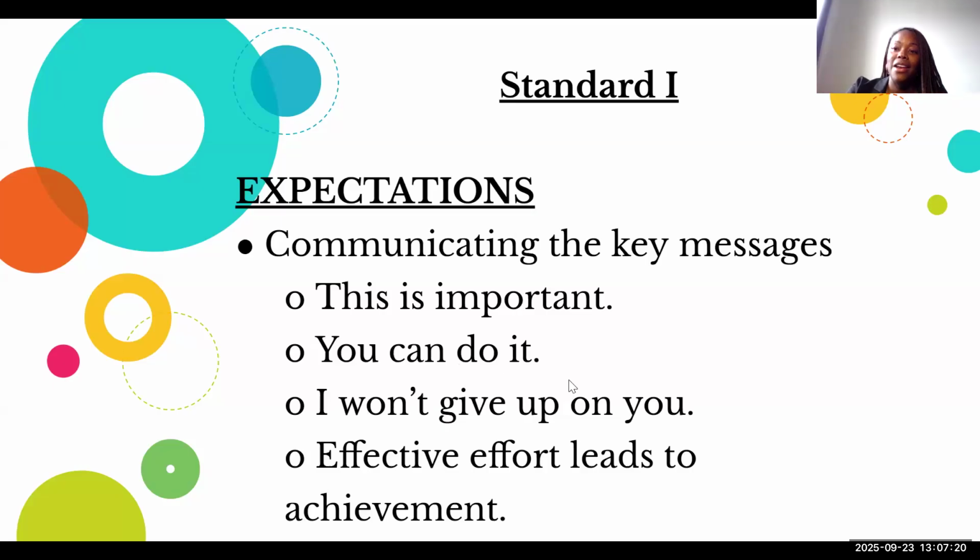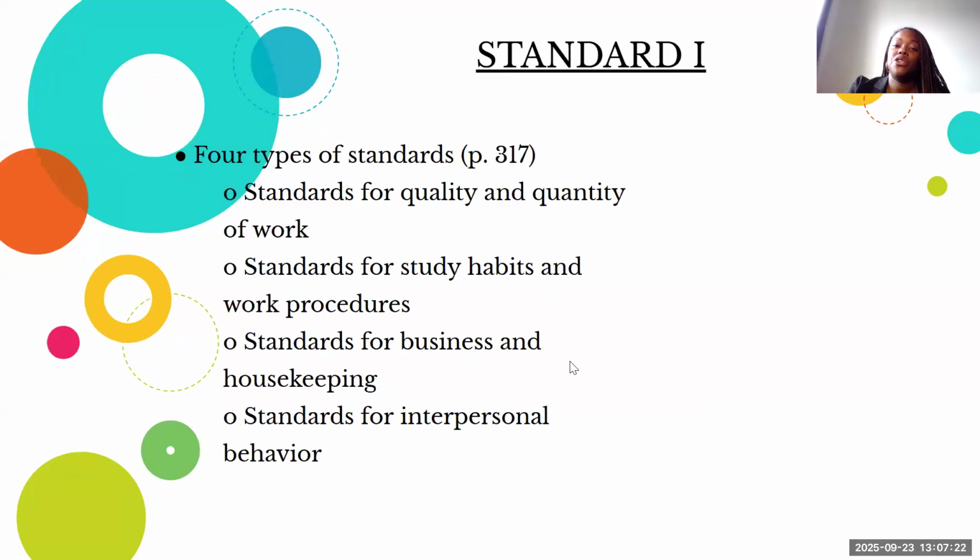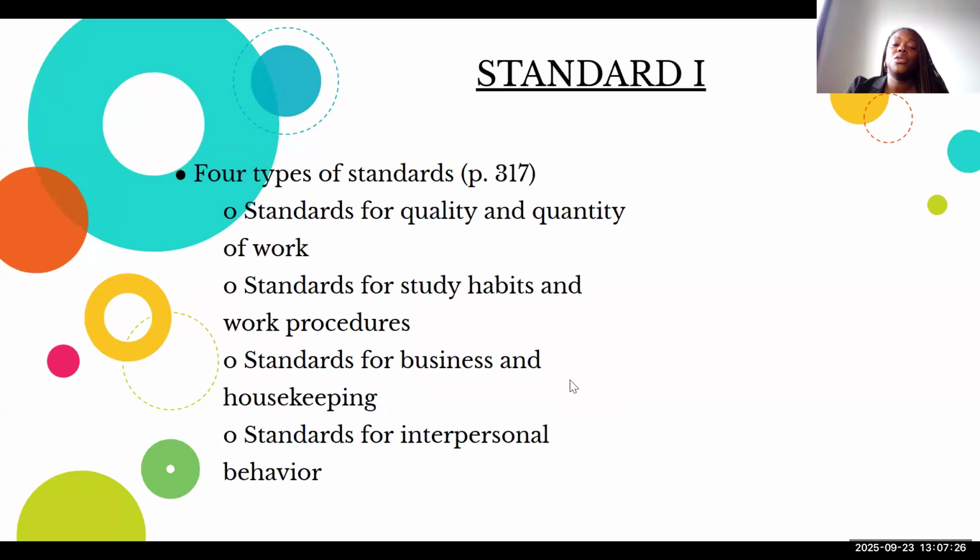Standard 1 has a lot of stuff. Another part of Standard 1 is you communicating to students what quality looks like and what quantity looks like. Sometimes it's not enough to say, write a paragraph and then you'll be successful. Sometimes you have to tell them how many sentences, what the quality is, how many rich vocabulary words you want them to use.